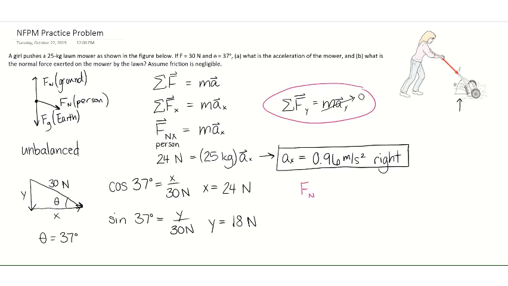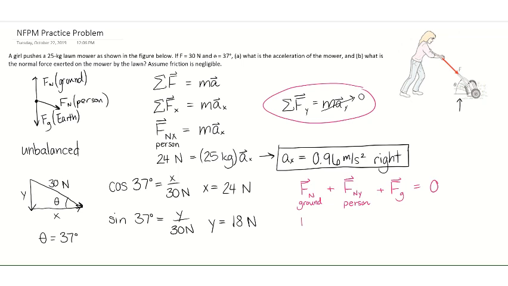I have the normal force from the ground. I also have the y component of the normal force from the person. And I have the gravitational force from Earth. All those three forces added together equal 0 because it's not accelerating in the y direction.